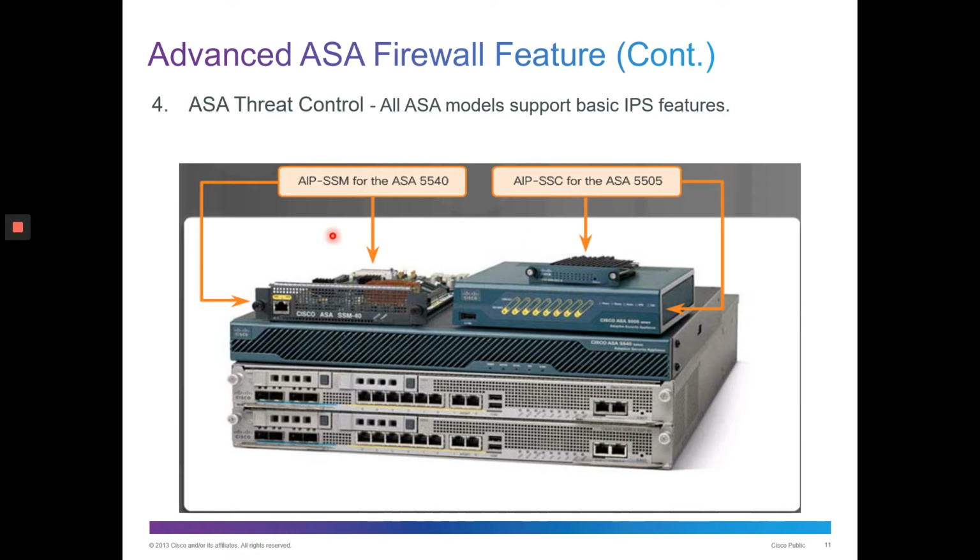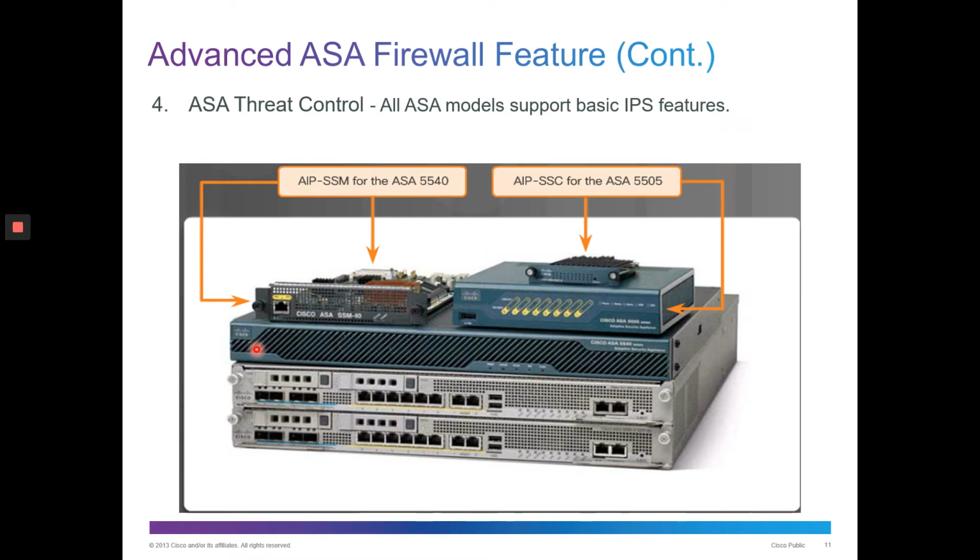You can install this as a module onto your existing firewall, and it will provide an extra level of security. For example, you can have an intrusion prevention system as a module on your firewall, so that you can protect your network against any intrusion activity.